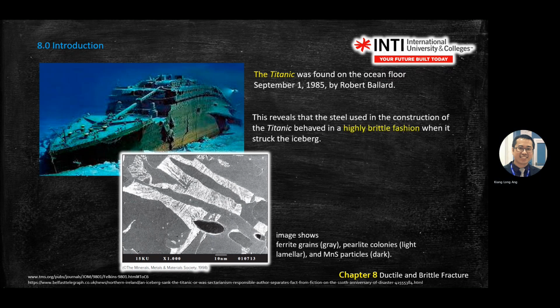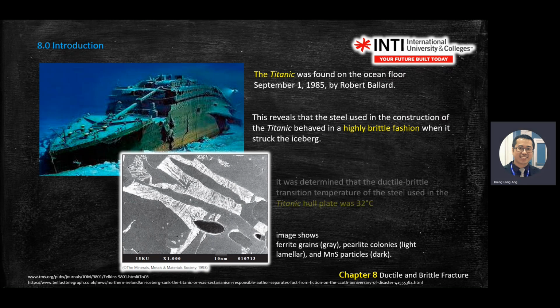During that time, when the engineers fabricated it, they did not consider very cold weather for the material they used. So the material became brittle when it went into those cold waters.